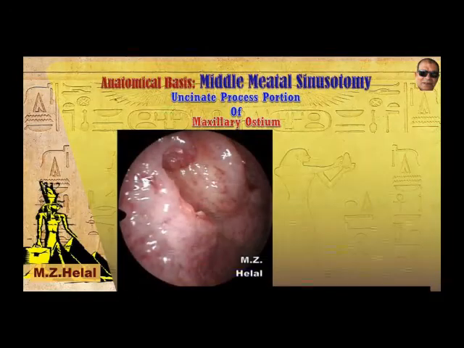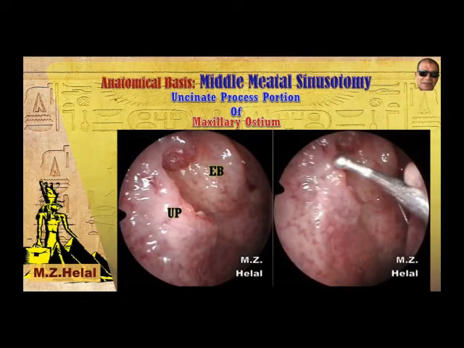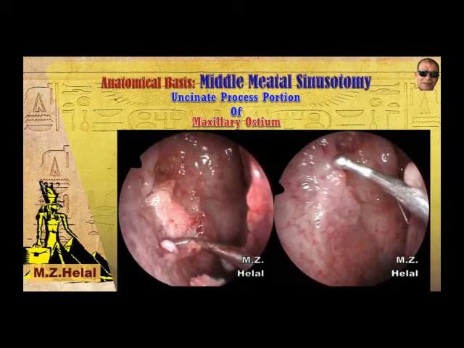In a fresh cadaver like that, this is the ethmoidal bulla, and here is the uncinate process. In this cadaver dissection course, I dissected the uncinate submucosally to give the audience an idea about how large the uncinate is.